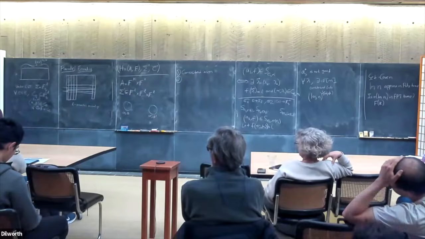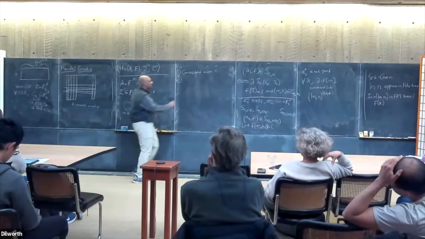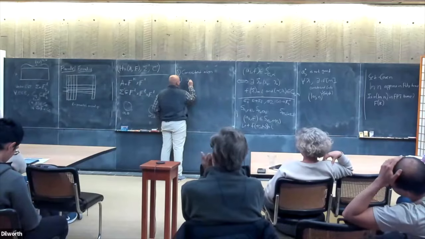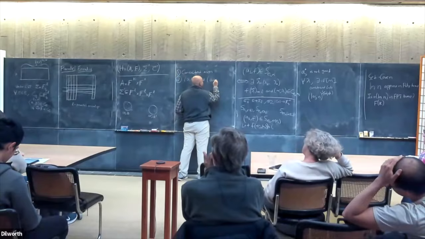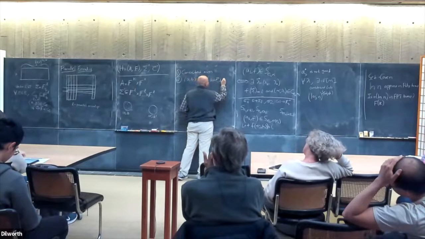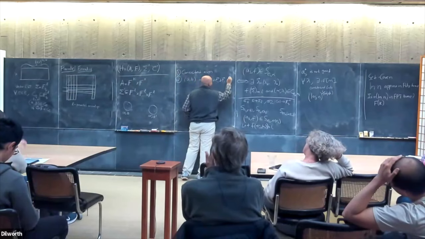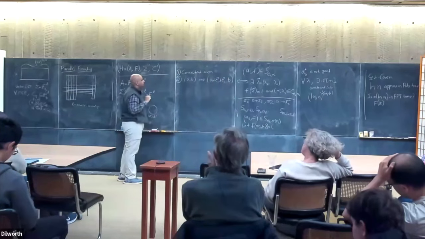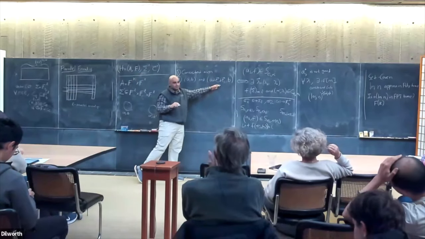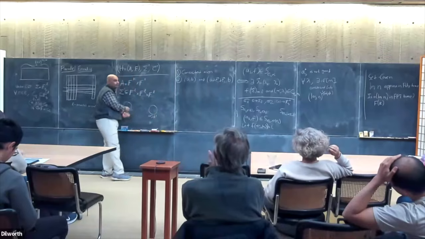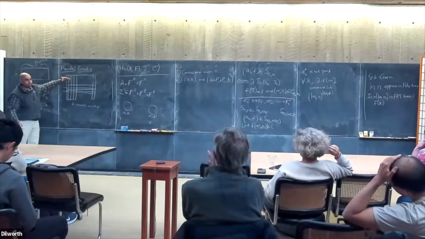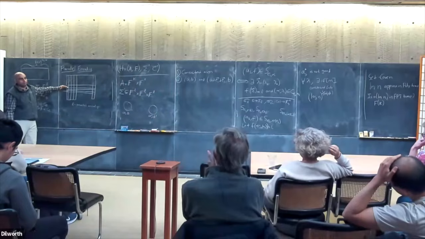So if I had this and this, then if I look at their assignments, I'm going to get the sum of the ith and jth rows.